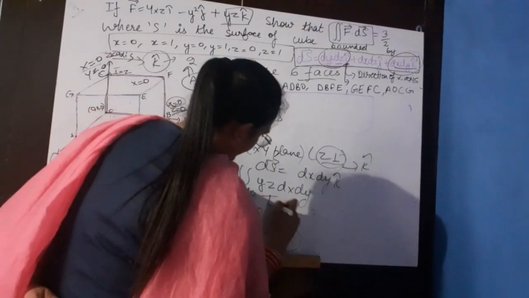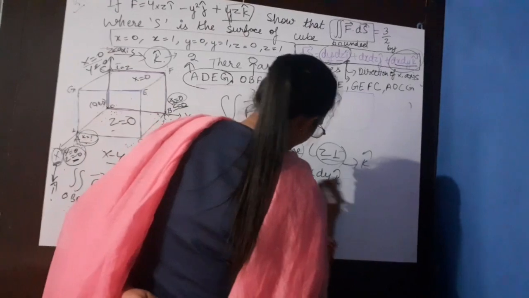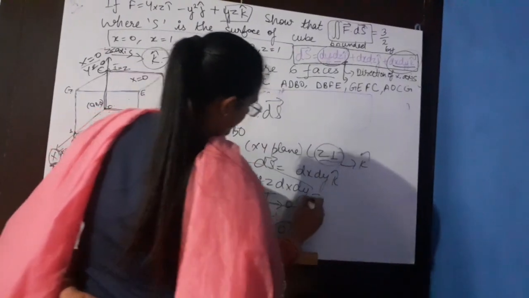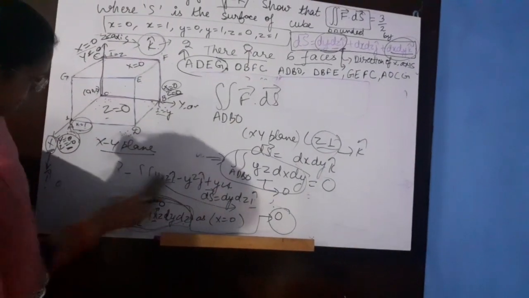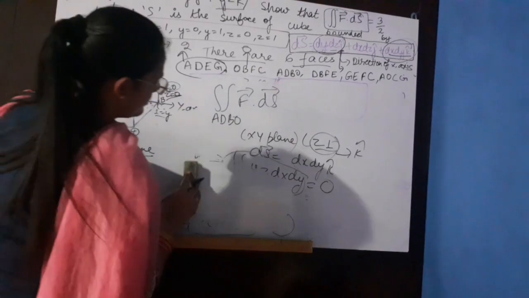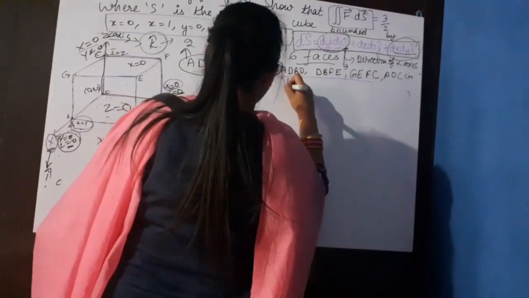When we put z equals 0, the whole surface integral of face ADBO is equal to 0. For ADB also we have 0.